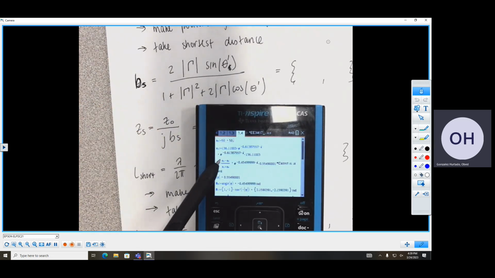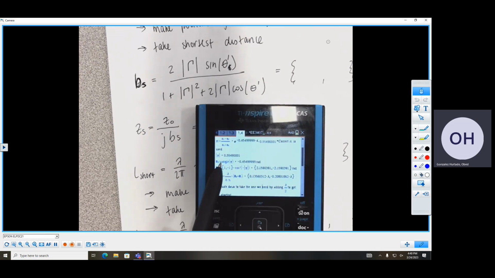We define Z naught. Then we define ZL. This is gamma. We define gamma. We need to use the magnitude of gamma, so we define magnitude gamma. We find the angle for gamma. Here's theta prime.